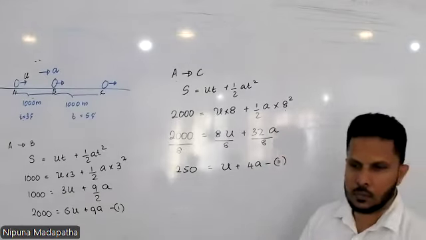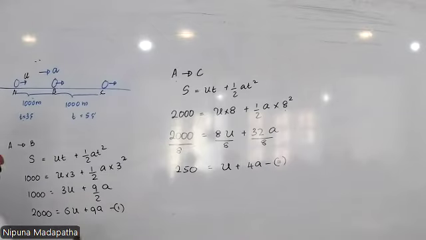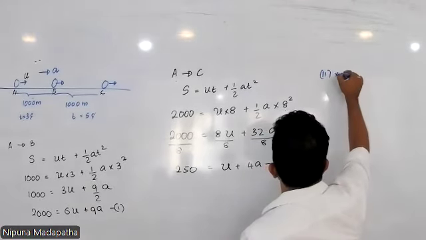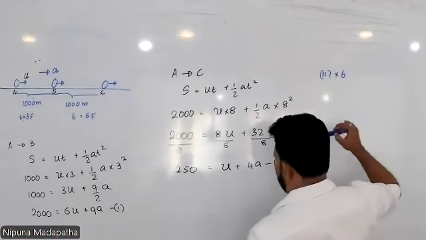Right? So how do we solve this? We can find the value of a straight away. So doing this, multiply equation 2 by 6 and subtract equation 1 from it.